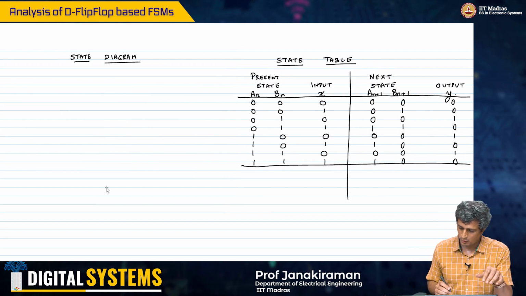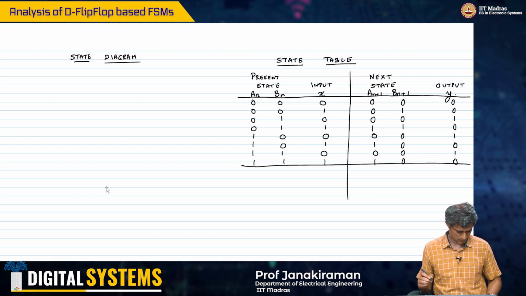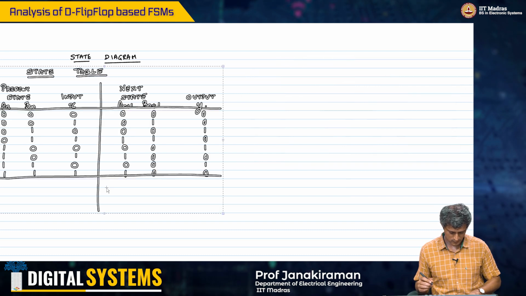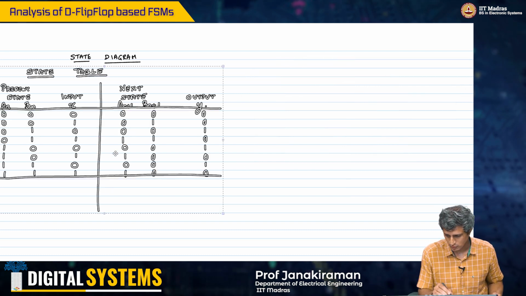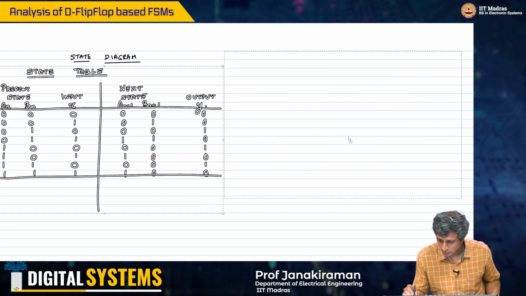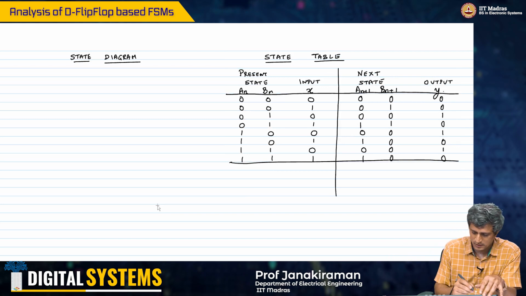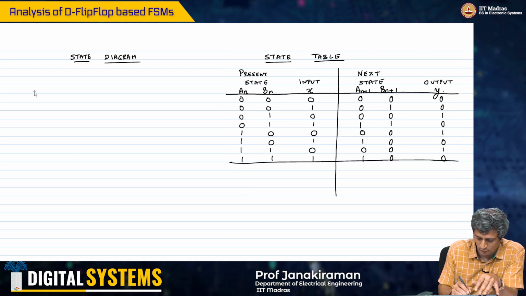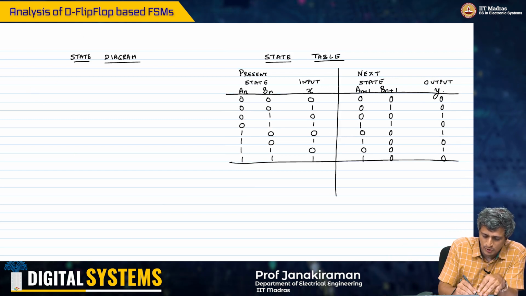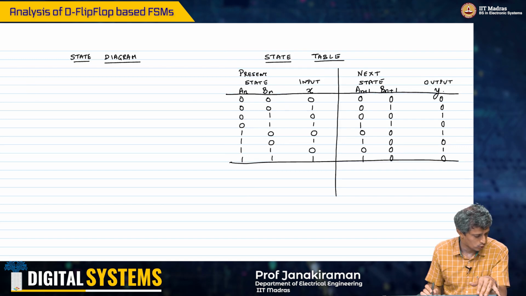In this case, what I can do now is define 4 possible states that the flip-flop can go through.